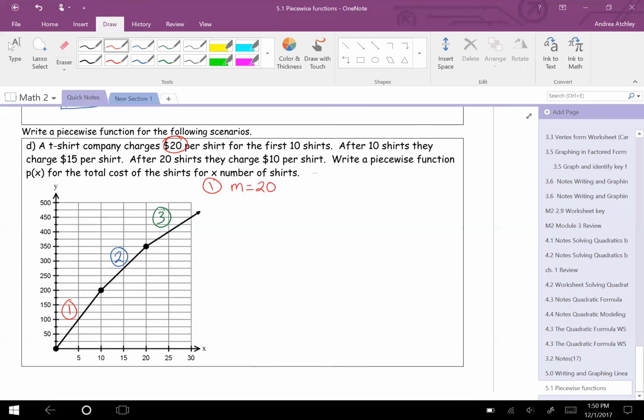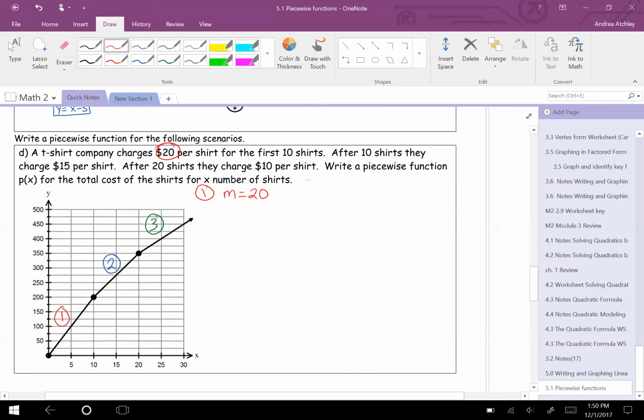If you weren't sure, you could also look at the slope. I'm just going to go from point to point because that's the easiest thing to do. I went up 200, and then to the right, they're counting by 5, so 5 and 10. So it was 200 over 10, which reduces to 20.